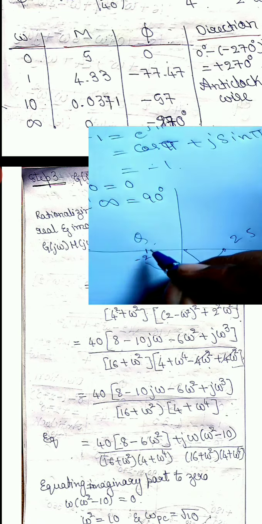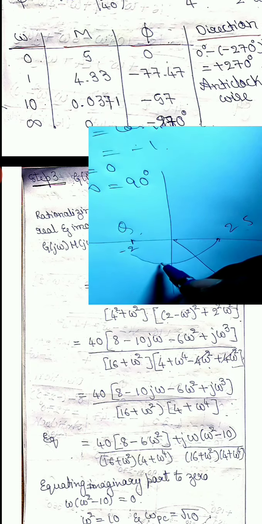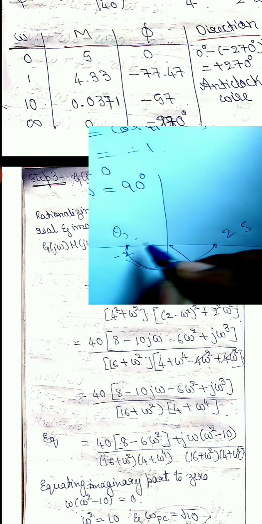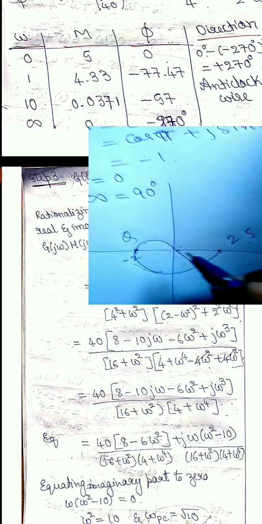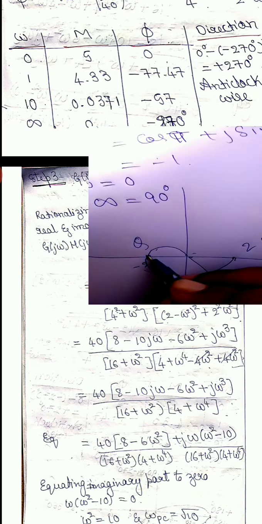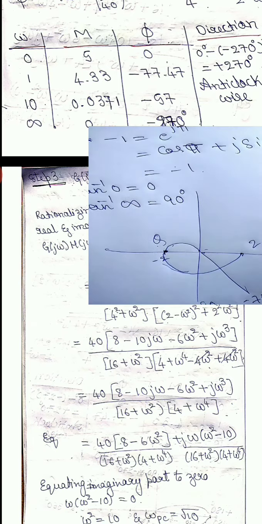If we got minus 2, then before going to the infinity point, you should join the Q point. Then only the infinity point. That is what I am saying here.